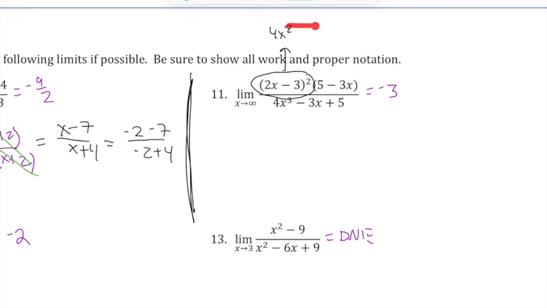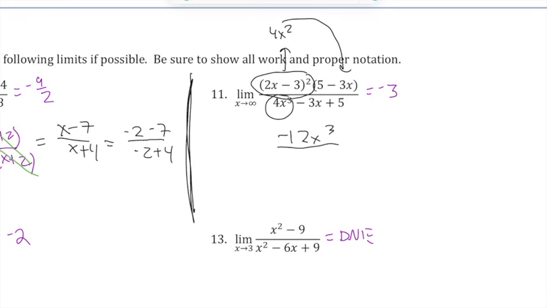And then this 4x squared is going to multiply to the negative 3x. And so, again, when you're doing horizontal asymptotes and limits at infinity, you only care about the largest degree. And so on the numerator, our largest degree is going to be negative 12x cubed.